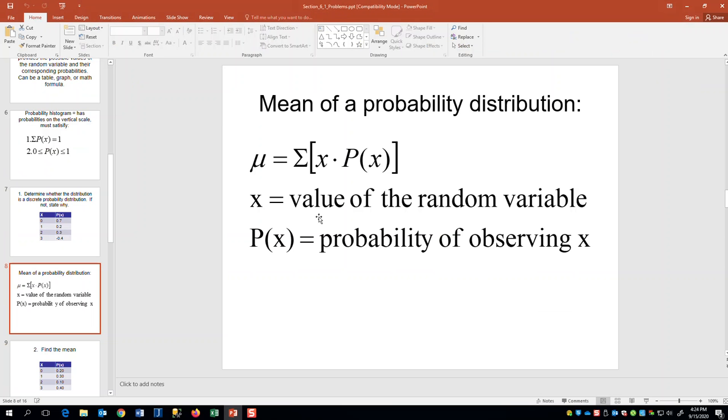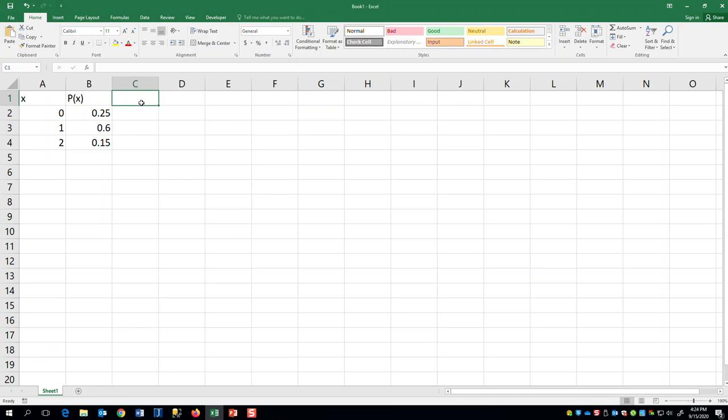Now, my formula is right here for the mean. We have to take x times p of x. So I'm going to create a column where I take x times p of x. So you take 0 times 0.25, you take 1 times 0.6, and you take 2 times 0.15.